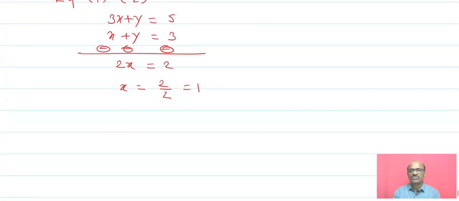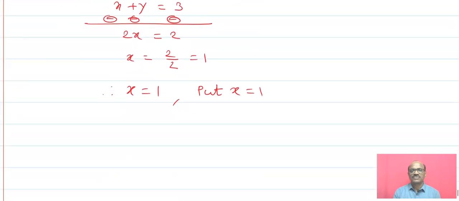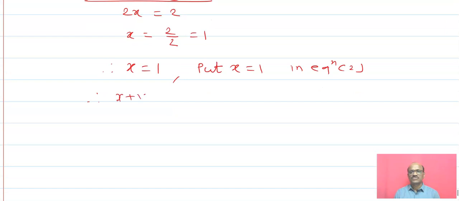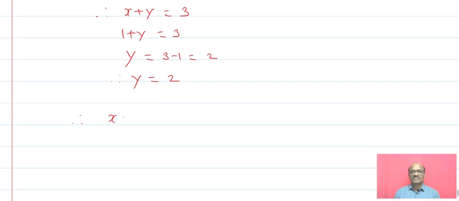Therefore 2x is equal to 2, x is equal to 2 upon 2, x is equal to 1. Put x is equal to 1 in equation 2. Therefore y is equal to 3 minus 1, that is equal to 2. And we have the values x is equal to 1 and y is equal to 2.